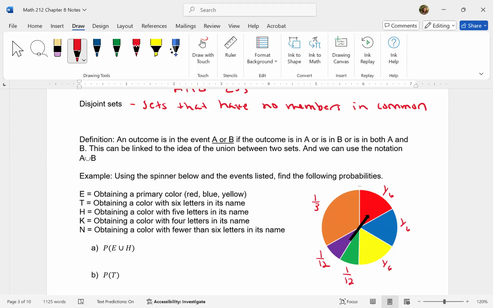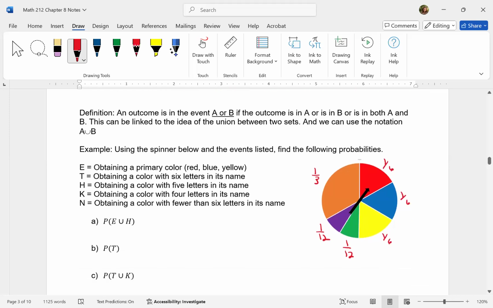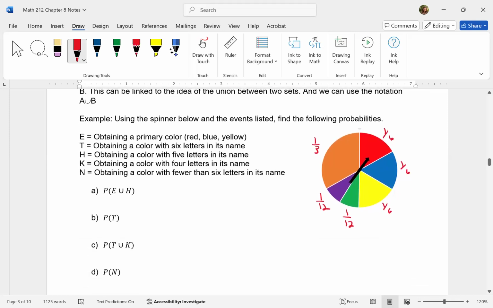Okay, so now that we have that, I'm going to list here what we have because of the colors. The probability of orange is 1/3. The probability of purple is 1/12. Same with the probability of green.